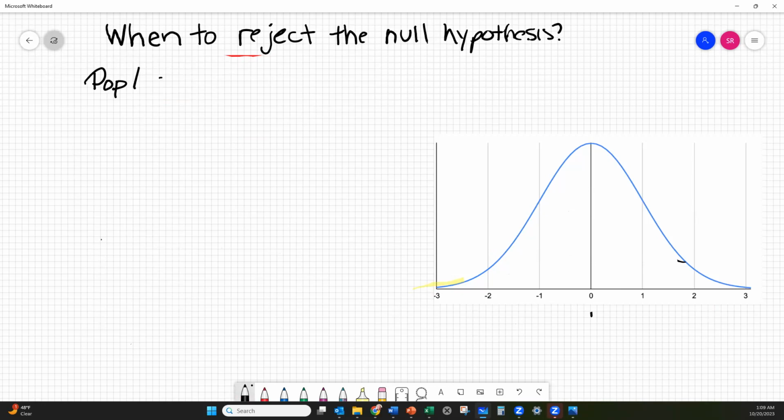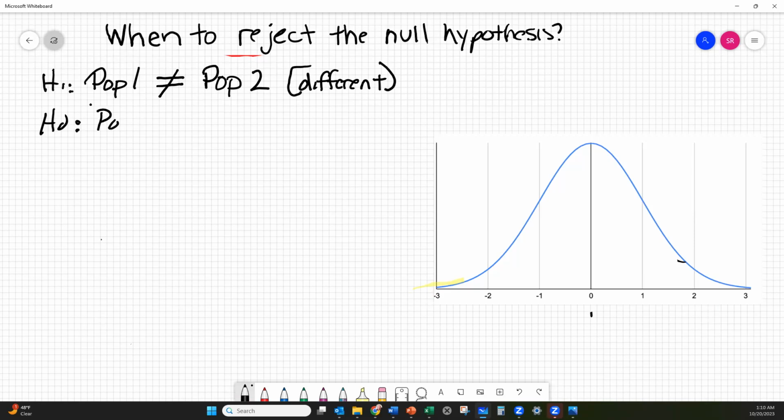So the researcher simply predicts that population 1 will not be equal to population 2, or that it will differ in some way. This is where we were looking for the word different. This is the research hypothesis, and the null hypothesis, H0, is that population 1 is equal to population 2.